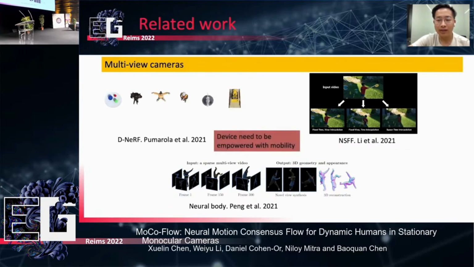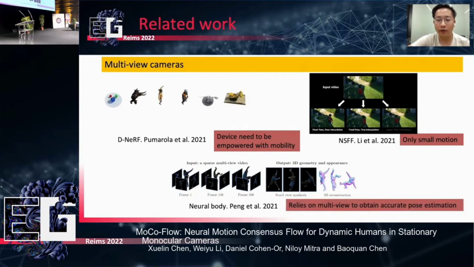NeRF requires the capture device to be empowered with certain mobility to allow capturing dynamic scenes. NSFF leverages external supervision such as rough monocular depth estimation and flow estimation, which unfortunately are not further jointly optimized during the optimization to resolve ambiguities.